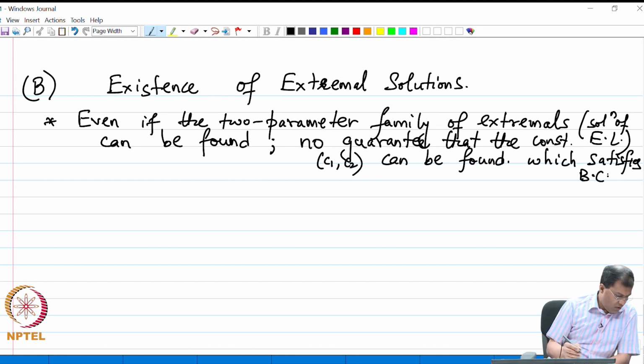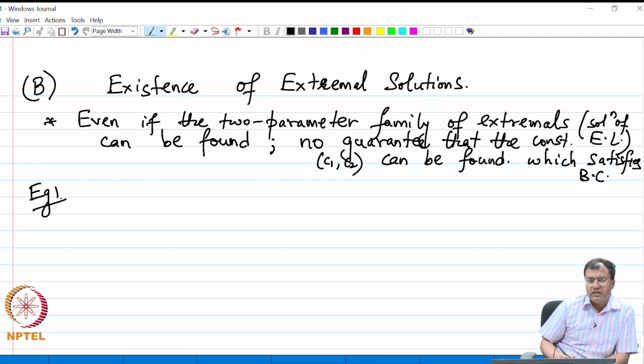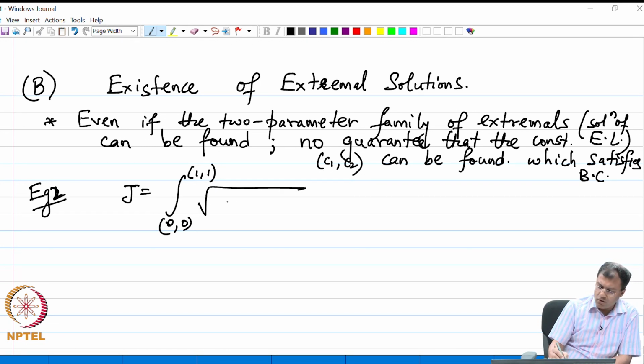So, let us look at an example to highlight what I just said. Let us go back to our example of the geodesic on a plane. This is my second example of this lecture series. Let me recall this example: the integral from (0,0) to (1,1) of the square root of 1 plus y prime square dx.